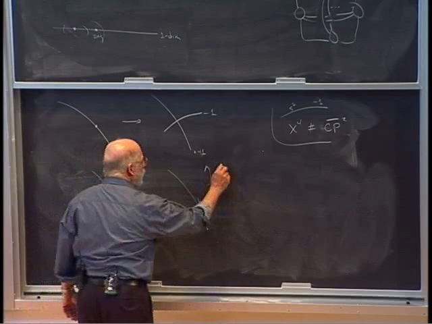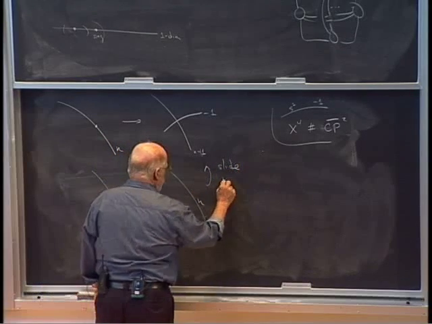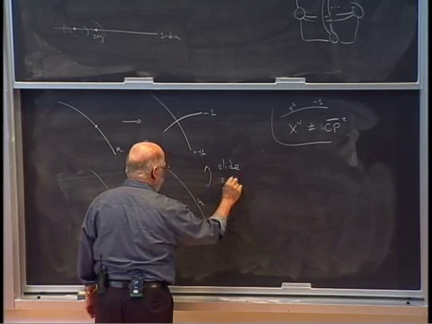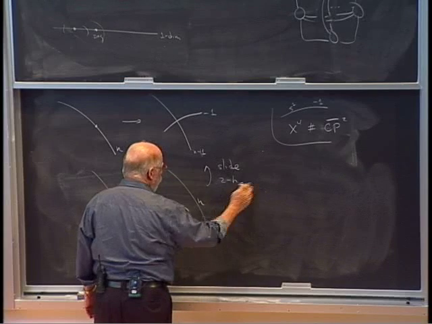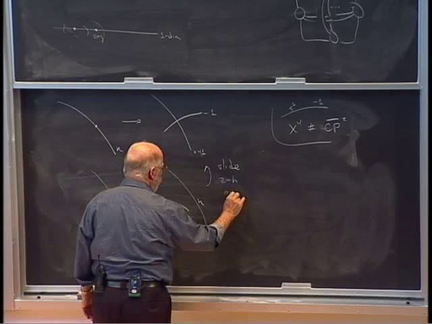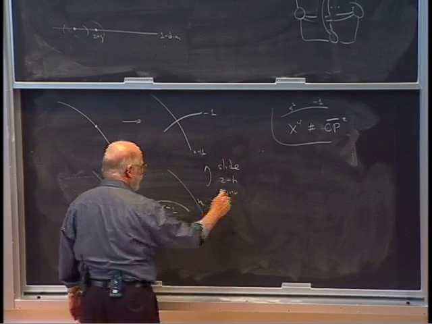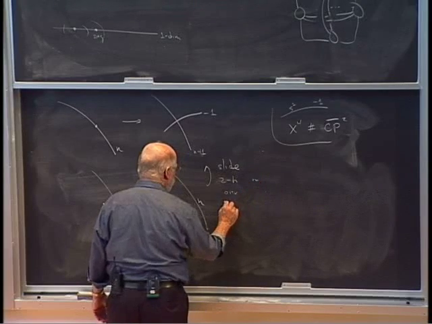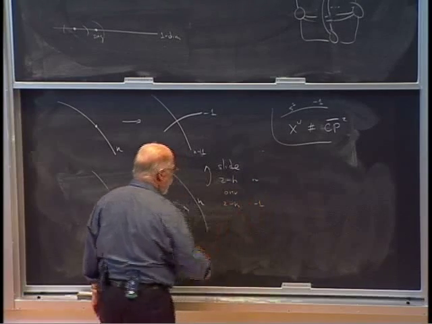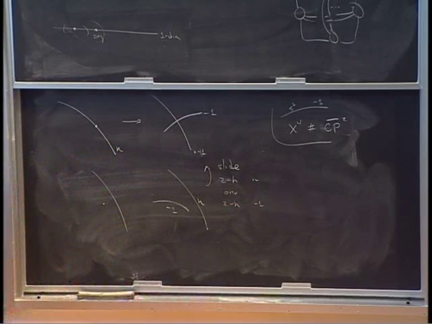So here, you slide this two-handle with framing n over this one, which is minus 1. And when you do that, you get that picture.